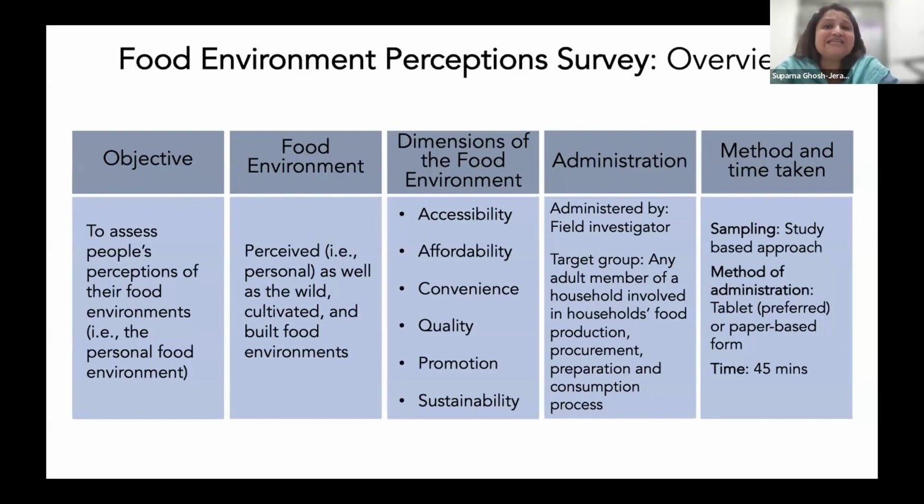A detailed training of the enumerator is very critical for this tool. The sampling is based on the study population, and the method of administration could be paper-based, tablet, or another digitally administered tool, and the time taken is around 45 minutes. Next slide.